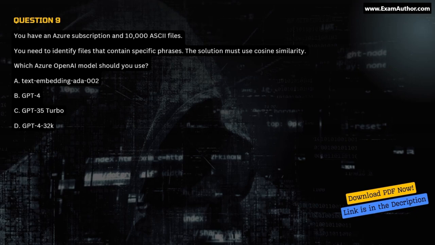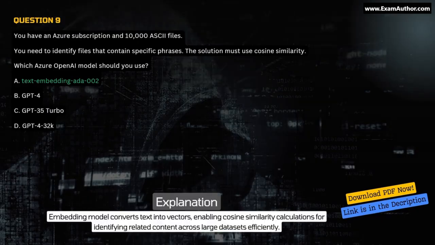C. GPT-35 Turbo. D. GPT-4-32K. Correct answer A. Text Embedding ADA002. Explanation: Embedding model converts text into vectors, enabling cosine similarity calculations for identifying related content across large datasets efficiently.